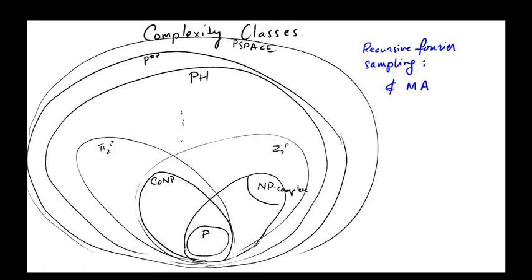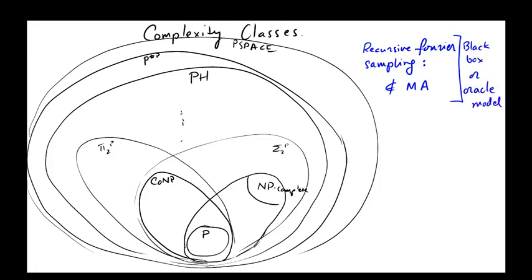So it lies outside of NP, but not only that, it even lies outside a probabilistic generalization of NP. We can't show this unconditionally, like all of these results. This is in a black box model, also called an oracle model or setting.